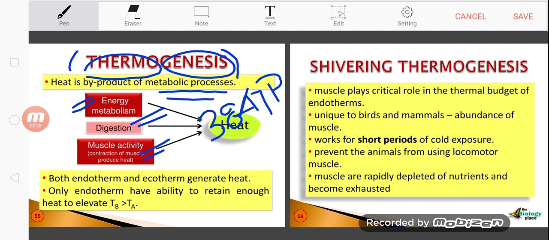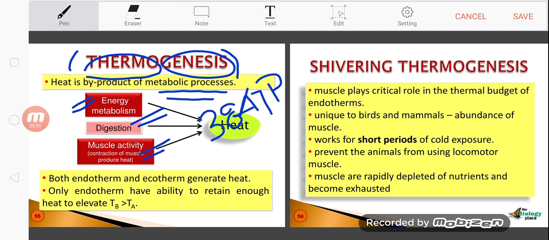Another example of metabolic processes, muscle activity. If you reflect, you walk for 500 meters or 200 meters, just walking. During walking, the muscle contracts and relaxes. The limbs move, right? So when the limbs move, the muscle contracts and relaxes.